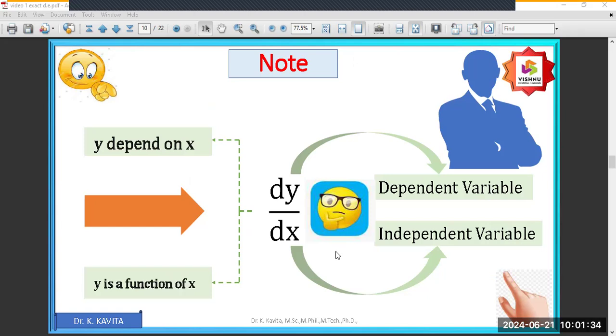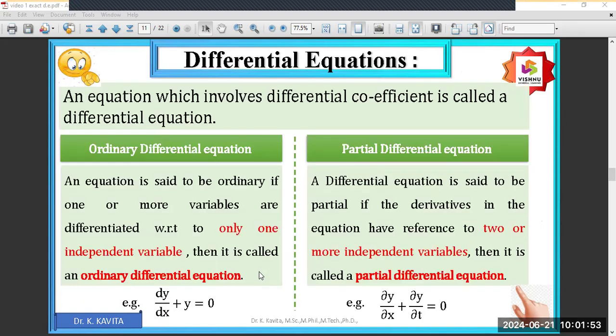In the numerator, y is the dependent variable, and in the denominator we have one more variable, which is called the independent variable. So we can say y depends on x, y is a function of x.